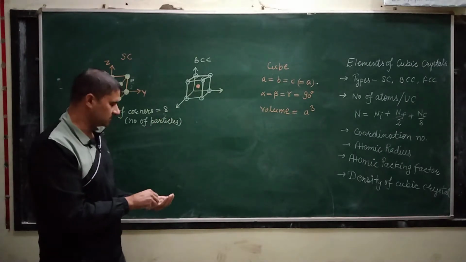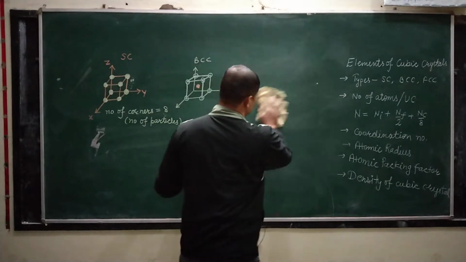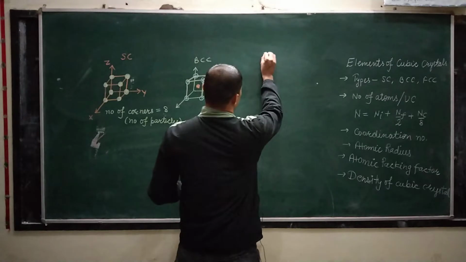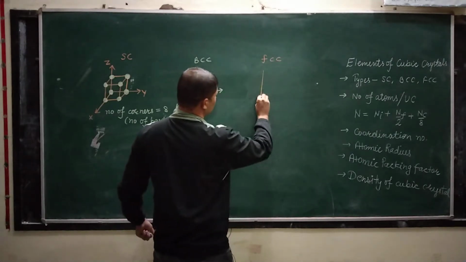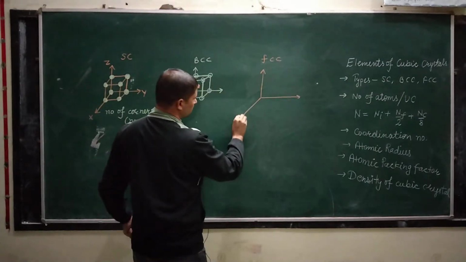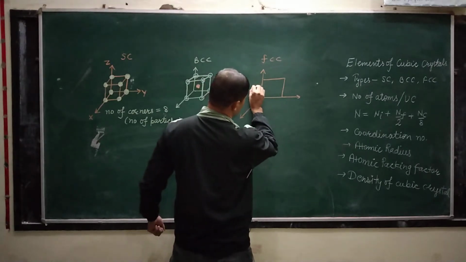Now the third type is FCC, where particles are present at the faces. Okay, so the last is FCC. So here the location of the particles is something like this.